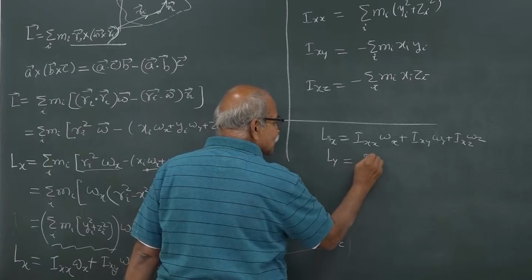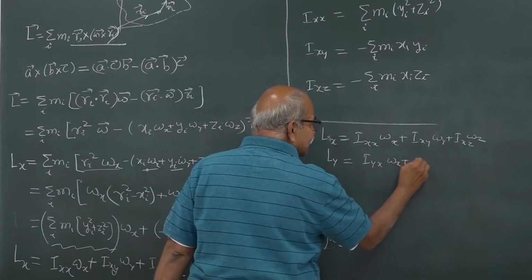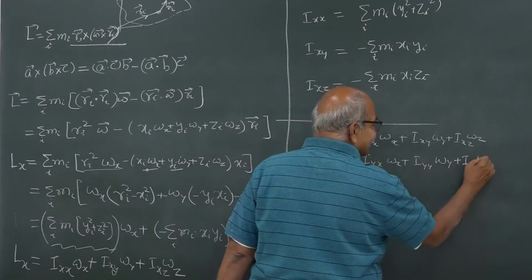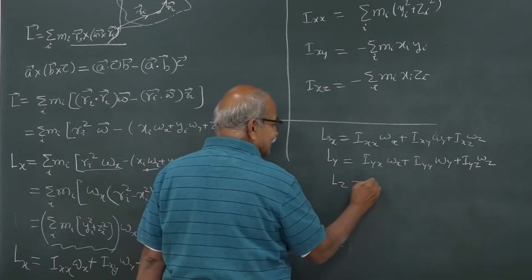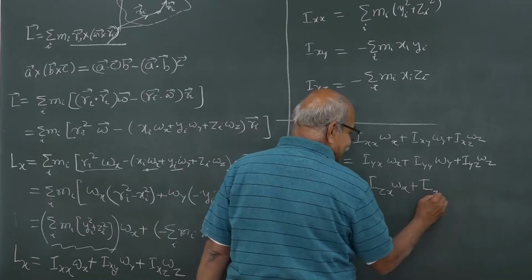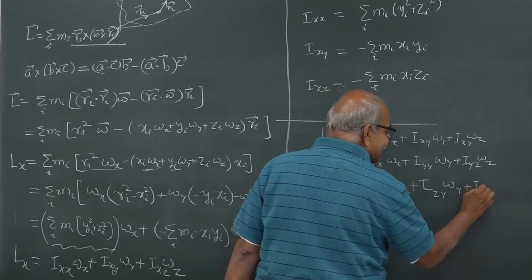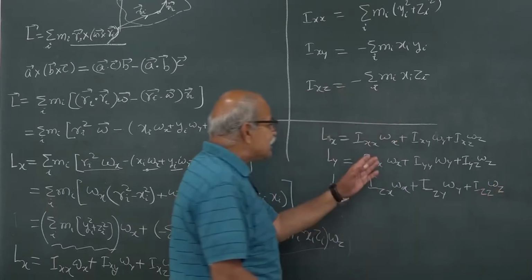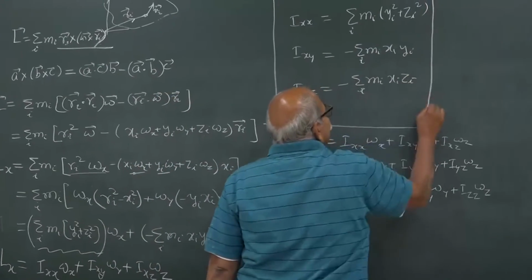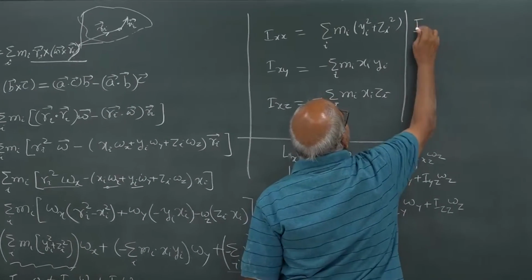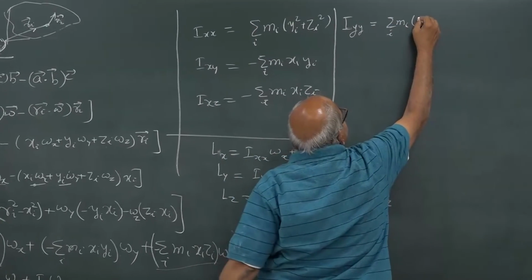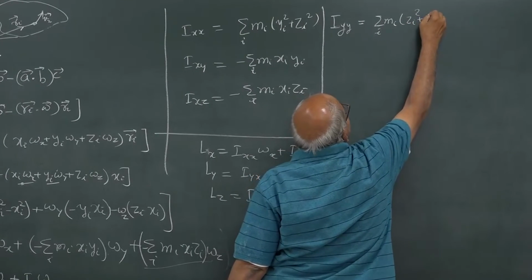Similarly, you will get Ly is equal to Iyx omega x plus Iyy omega y plus Iyz omega z, and Lz you will get Izx omega x plus Izy omega y plus Izz omega z, and the new symbols that I have written, Iyx, Iyy etc. are the following: Iyy will be summation over i of mi into zi square plus xi square.